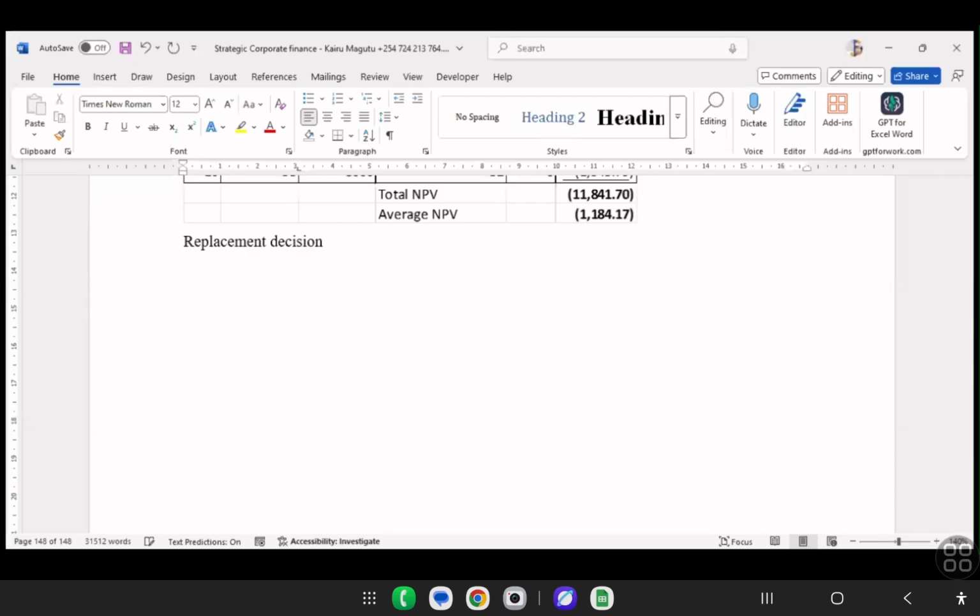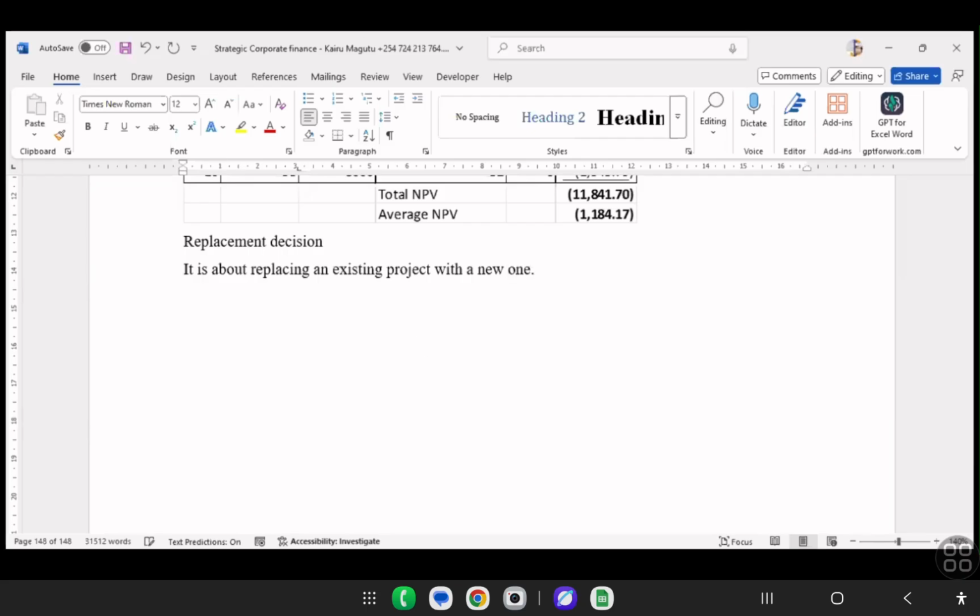And the replacement decision, it is about replacing an existing project with a new one.